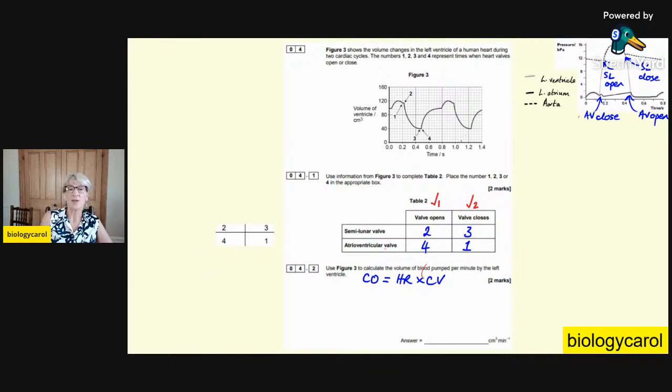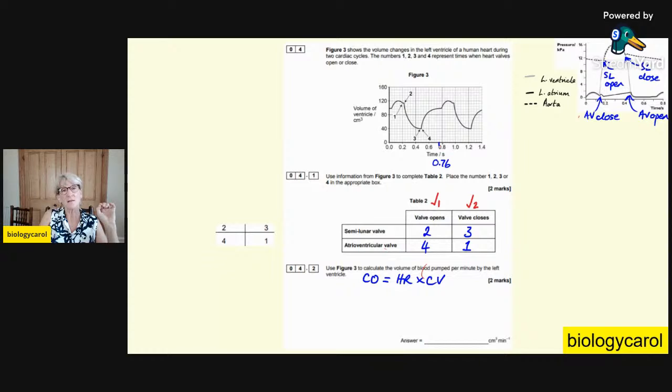So in order to get the heart rate, we have got to work out how long one single heartbeat lasts. From this graph, I can work out, if I go from here, I'm looking for when the pattern repeats itself. Can you see that if we take 0 as our starting point, the pattern repeats itself here?